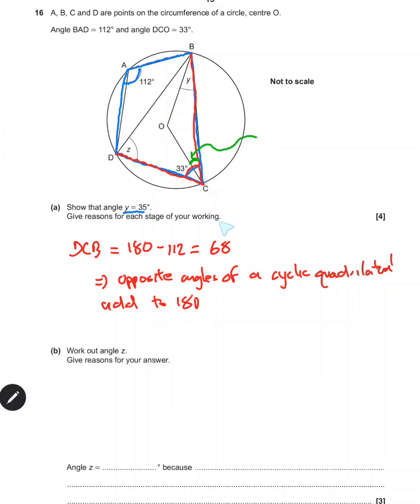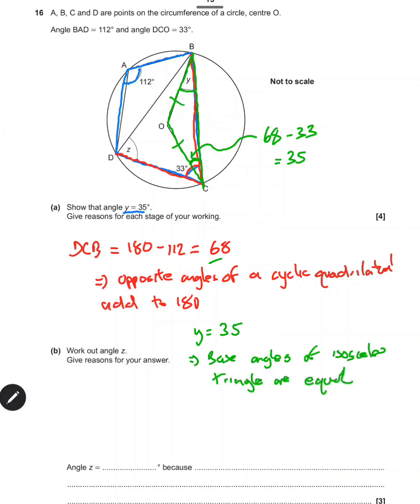This angle here is just going to be 68 take away 33, and 68 take 33 is 35. There's no real reason for that other than it's part of this whole angle, and that's the other part of it. And what I can then say is y is also 35. Reason being, we've got an isosceles triangle. Why is it isosceles? Well, that's a radius and that's a radius, so this has to be an isosceles triangle. So I'm going to say y equals 35, and the reason is base angles of an isosceles triangle are equal.